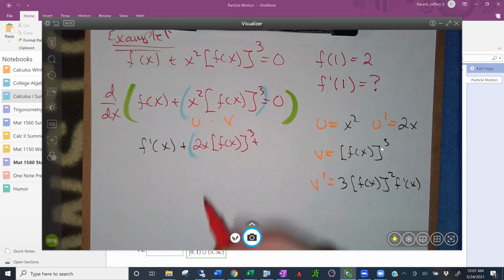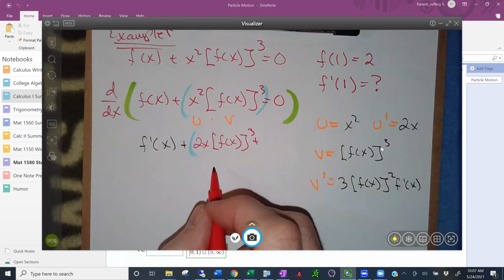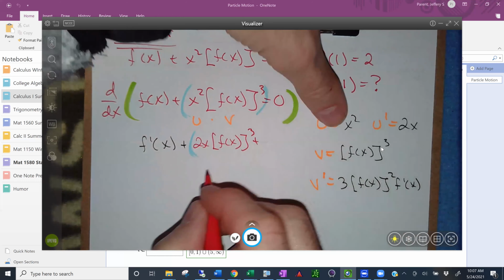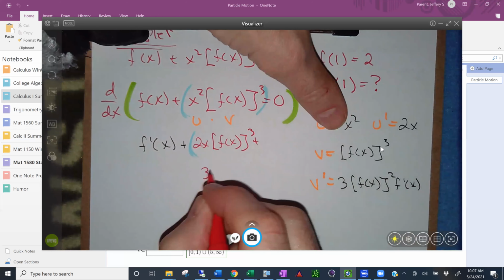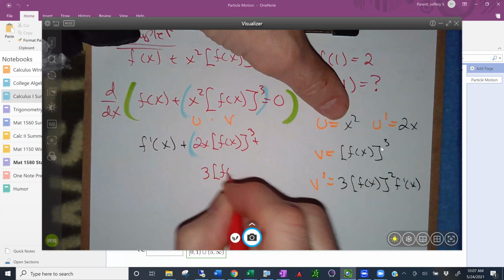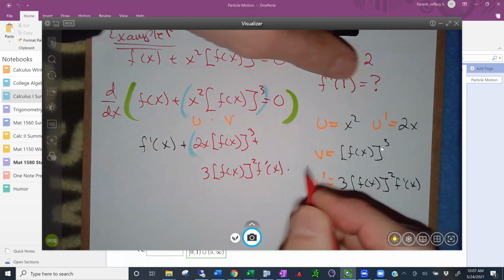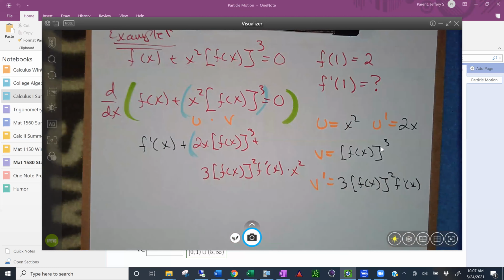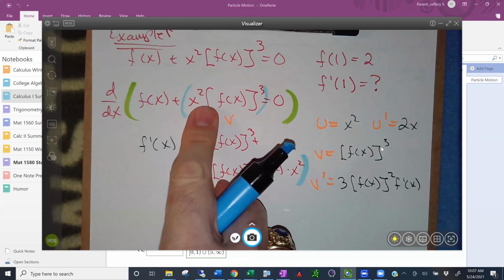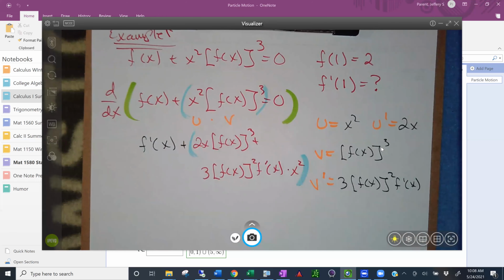So I'll finish it down here. V prime times u is going to be 3 times f of x squared times f prime of x times x squared. So all of that is a derivative of what I have here in the parentheses, and that's going to equal 0.